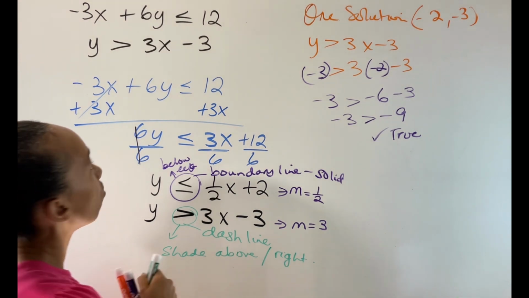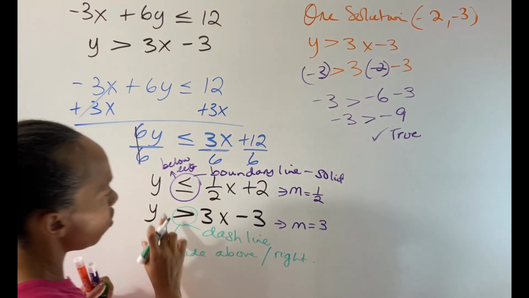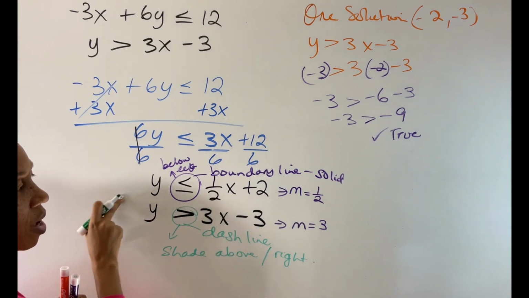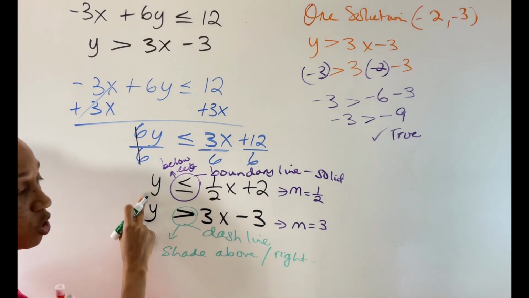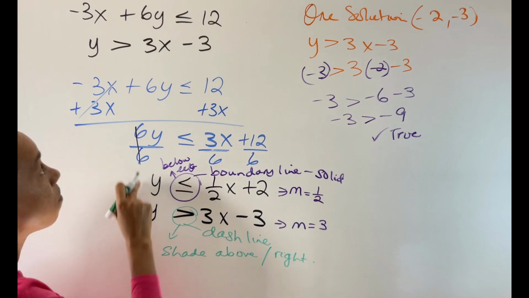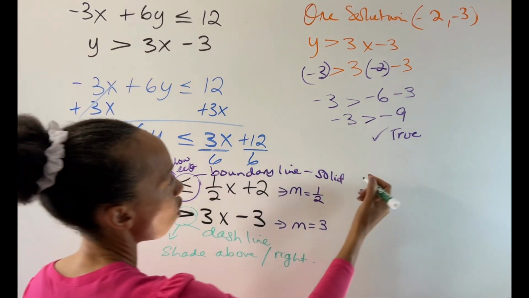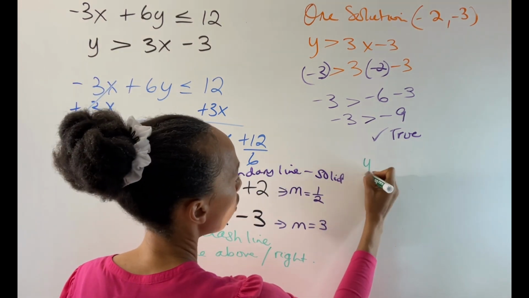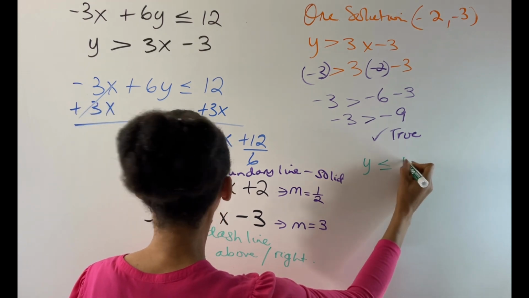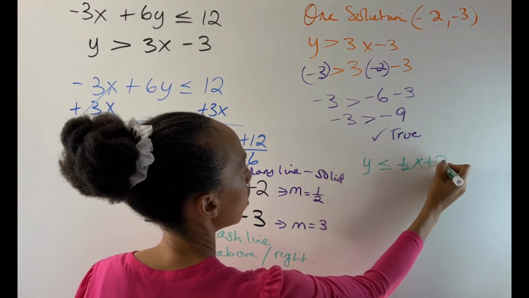And so you can test it for the other one, and you can either use the inequality that we have changed into the slope-intercept form, or we can use the standard form. So let's use the slope-intercept form to test it.